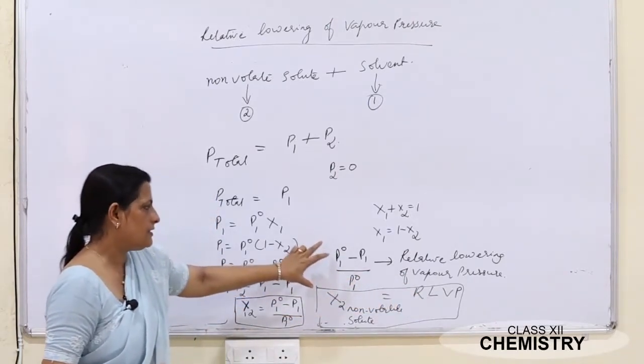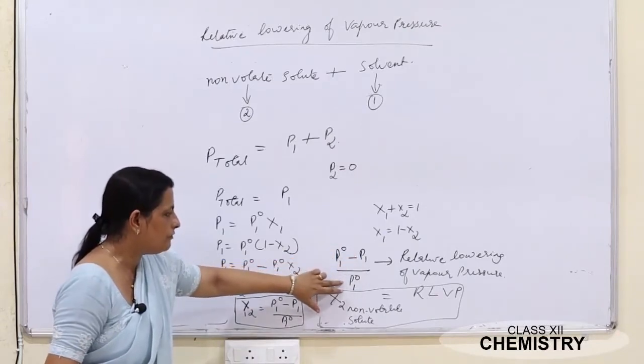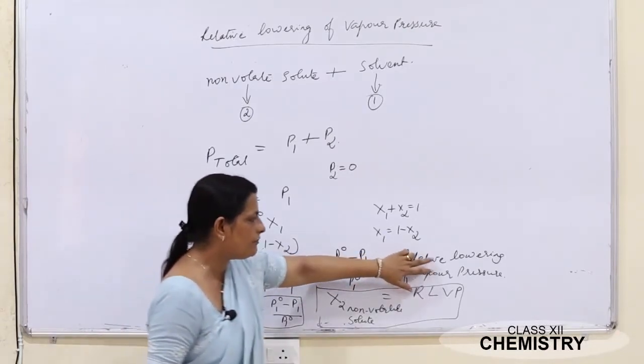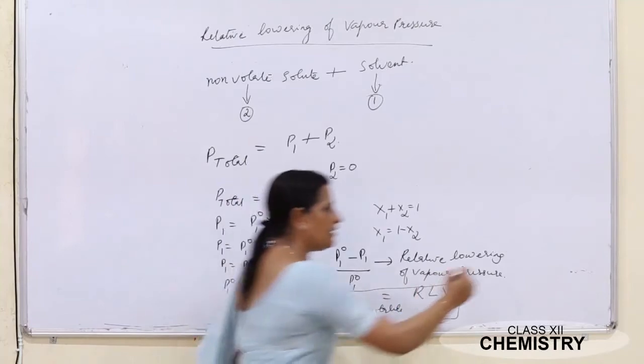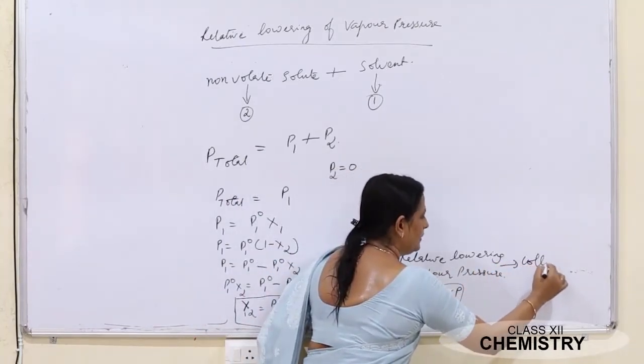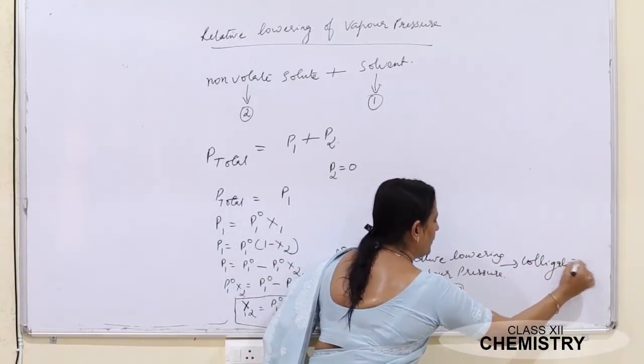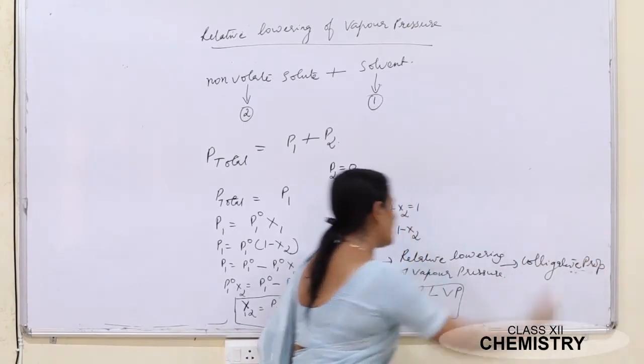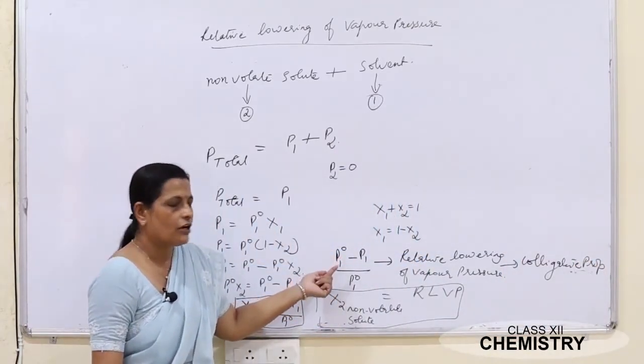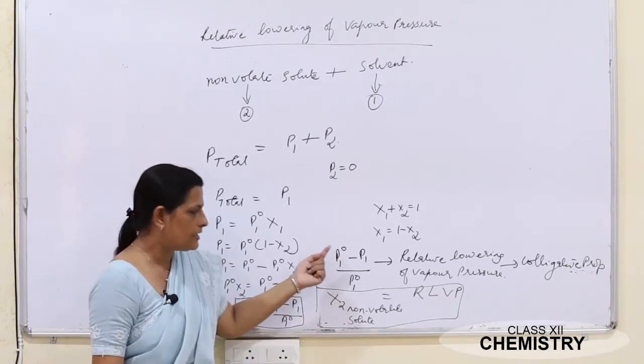Now this quantity P1 naught minus P1 by P1 naught, which is known as relative lowering of vapor pressure, is a colligative property, because it does not depend upon the nature of the non-volatile solute.